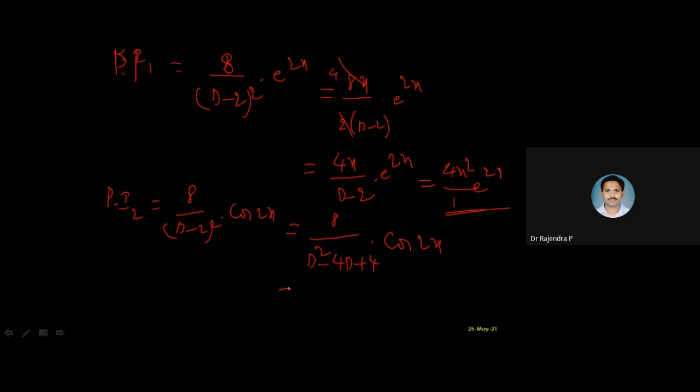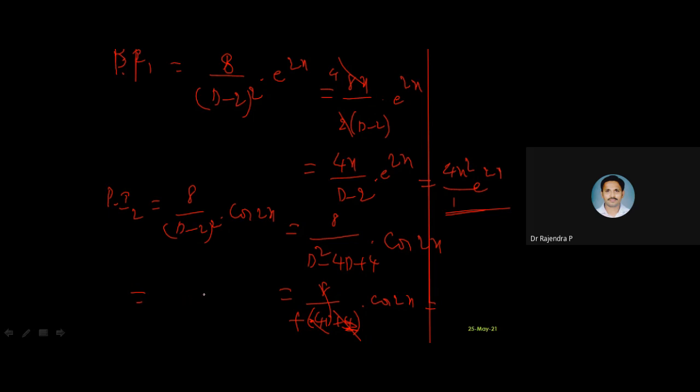Minus 4. Minus 4 plus 4 cancel. So minus of 4D plus 4, I can write it, right, into cos 2x. Yes or no? Minus 4 plus 4 cancel, so only minus 4D will be there. So what is your answer?